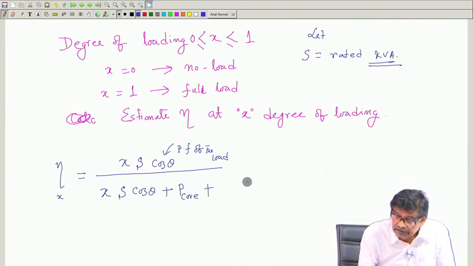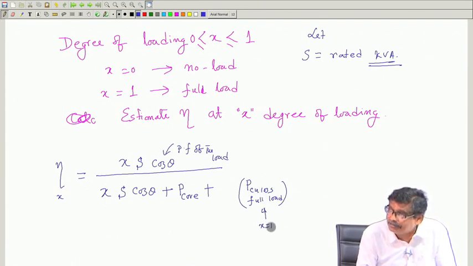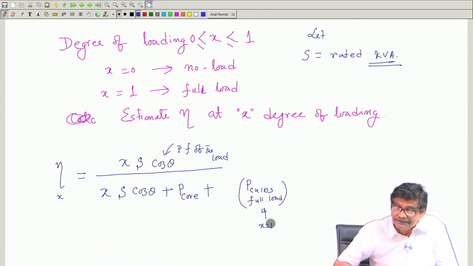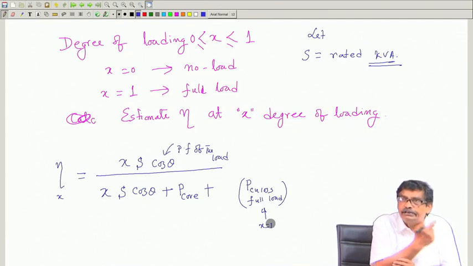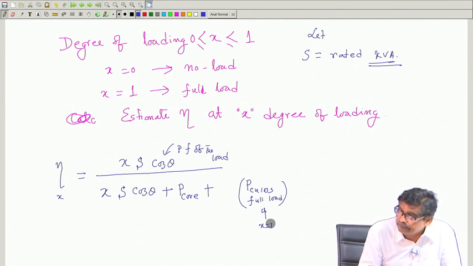Now, the question is, I know P copper loss at full load. This copper loss is at x equal to 1, when the transformer is carrying rated currents. So, what will be the copper loss now at x degree of loading? We have just discussed. If it is half loaded, then 1/4 into this.